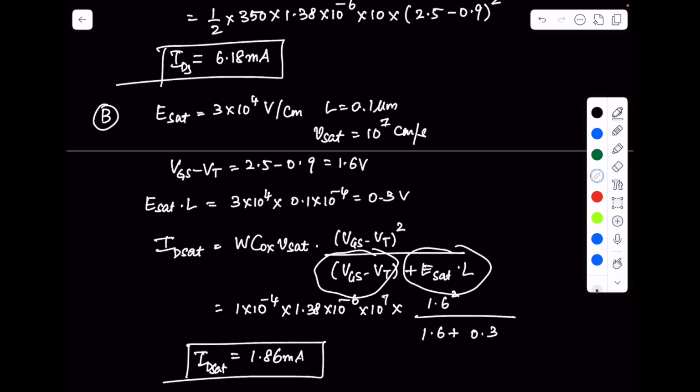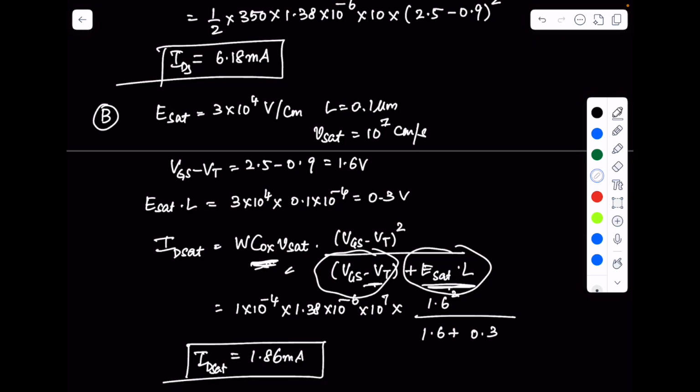In case your ESAT L was really high, then you could neglect Vg minus Vt compared to ESAT L, and this equation would boil down to the long channel current. In the worst case, when it's purely velocity saturated, this number is very, very small, and you get a relationship where ID sat is proportional to Vg minus Vt, not Vg minus Vt the whole squared.